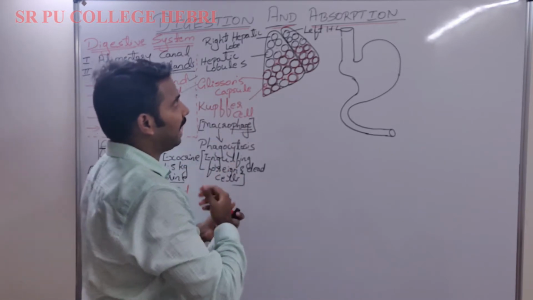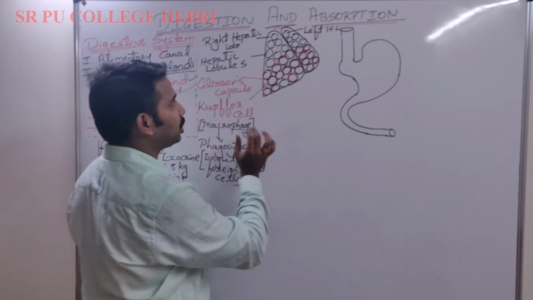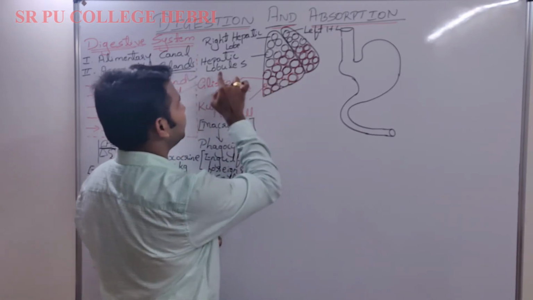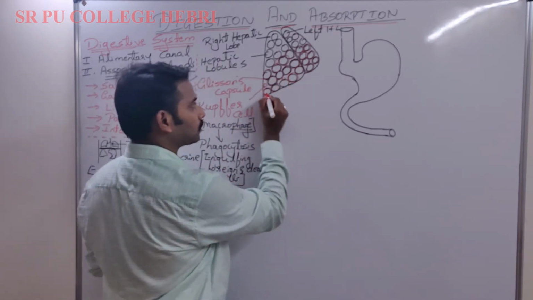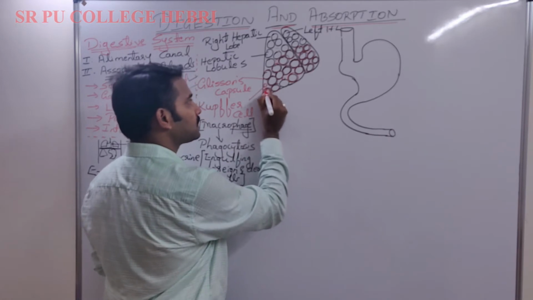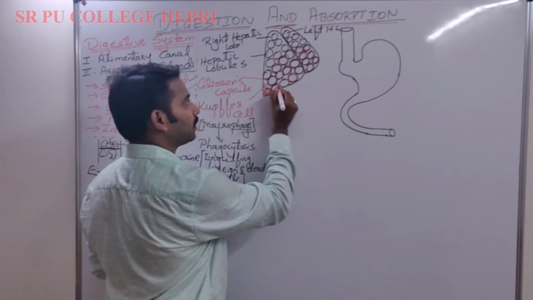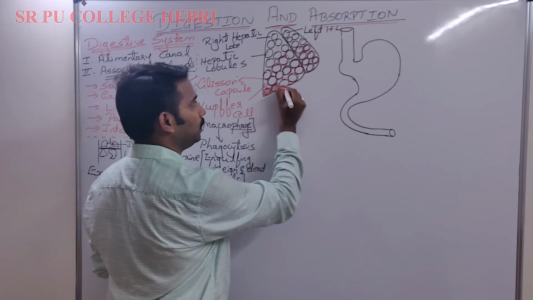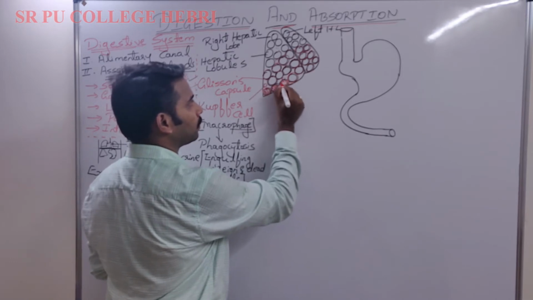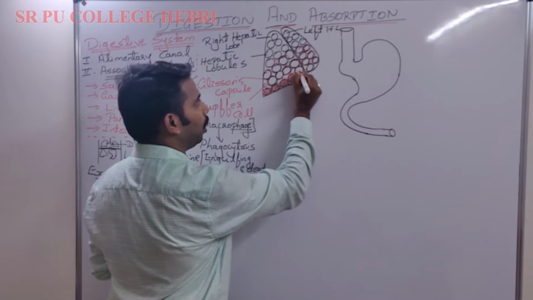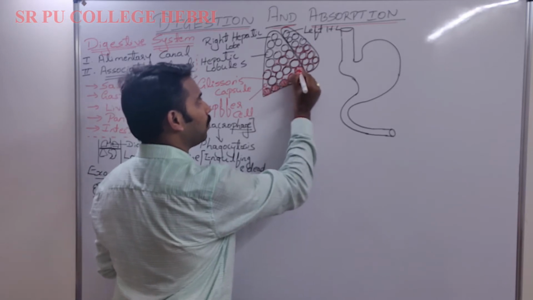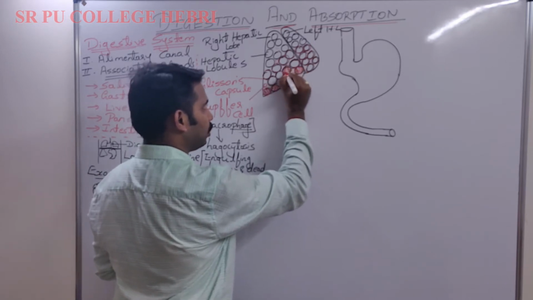Now, can you answer? Which is the functional unit of the liver? That is the hepatic lobules. Each lobule made up of cells of the liver. Each lobule, okay, each lobule made up of what? Cells of the liver. I will draw only few.